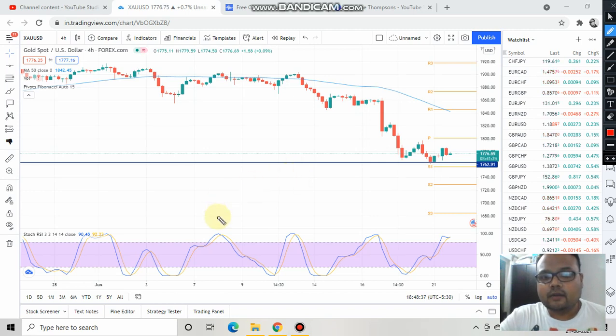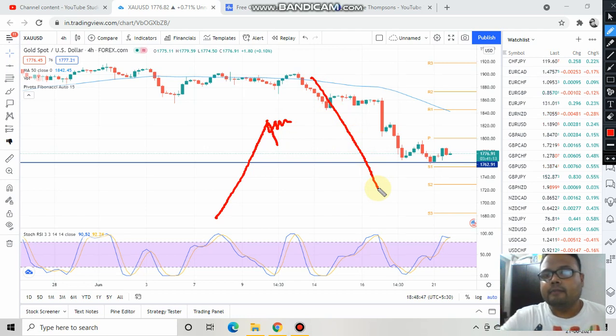You'll always see that when a market goes up sharply, after some time the market either comes down or goes sideways. And if a market falls sharply, then again the market goes up a little, or goes sideways.